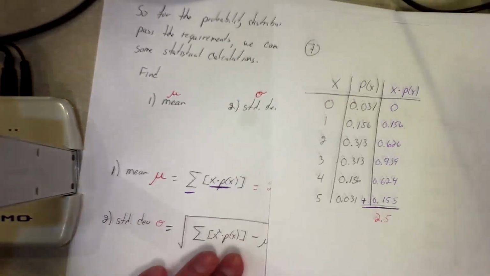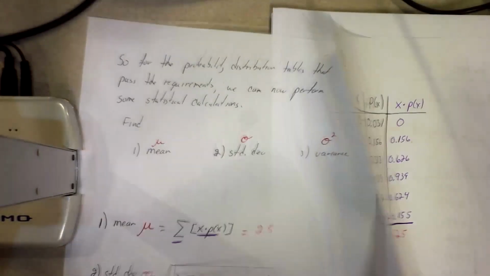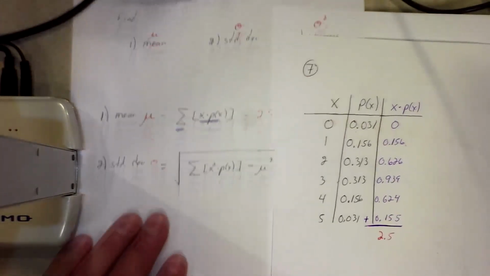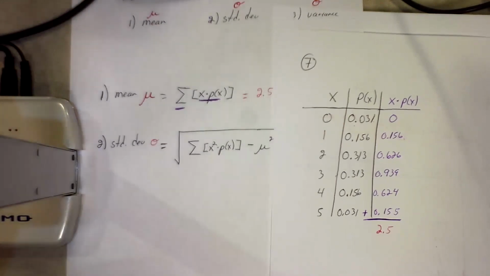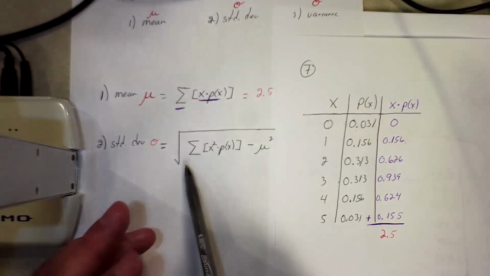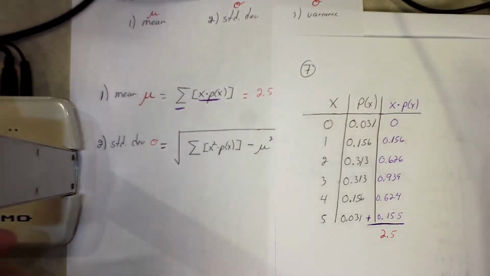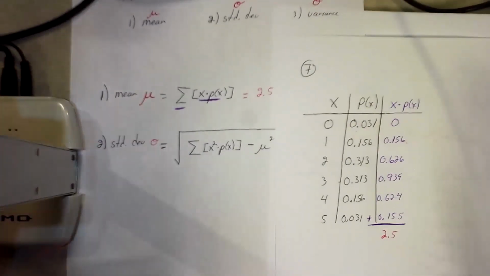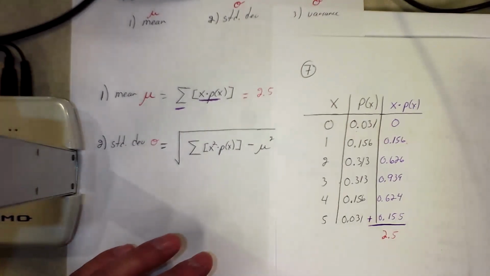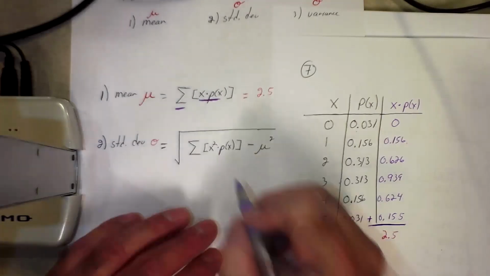Now there's the square root. We're going to do the square root at the very end. Again, you're doing PEMDAS. So what's the rule for PEMDAS? You got to do the brackets first. So I have to do this part here.